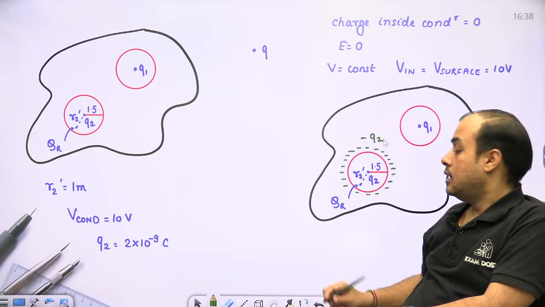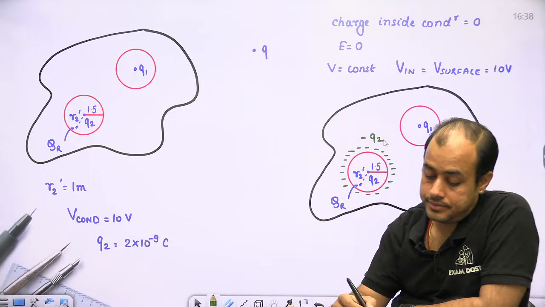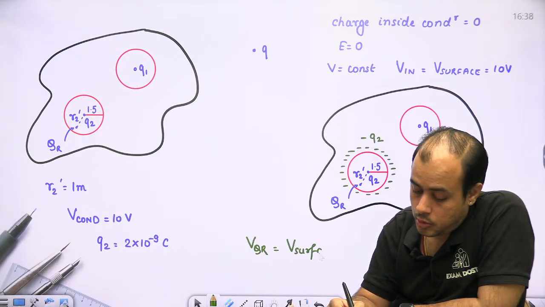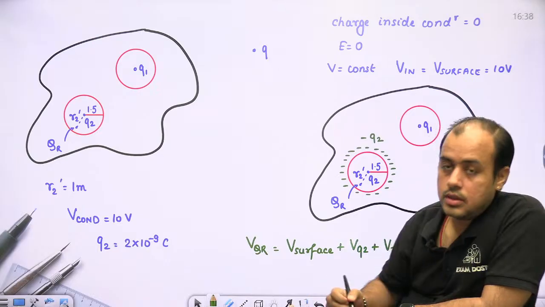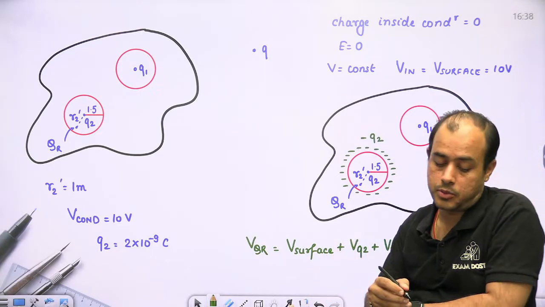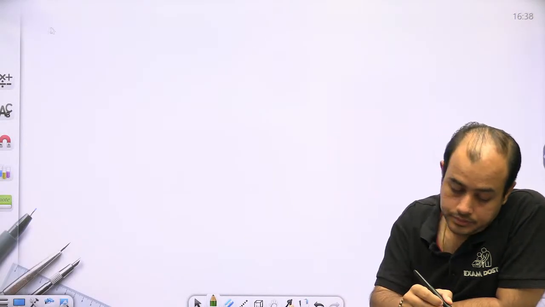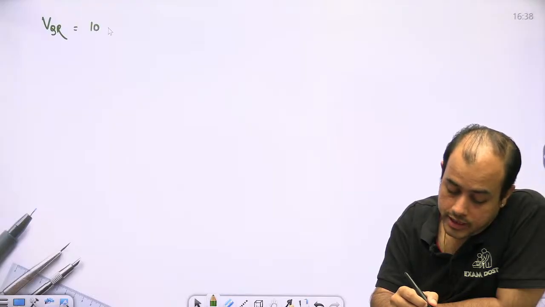Now, when you want the potential at QR, it will be the same as the surface potential of the conductor plus V due to Q2 plus V due to minus Q2. The surface potential is 10 volt.